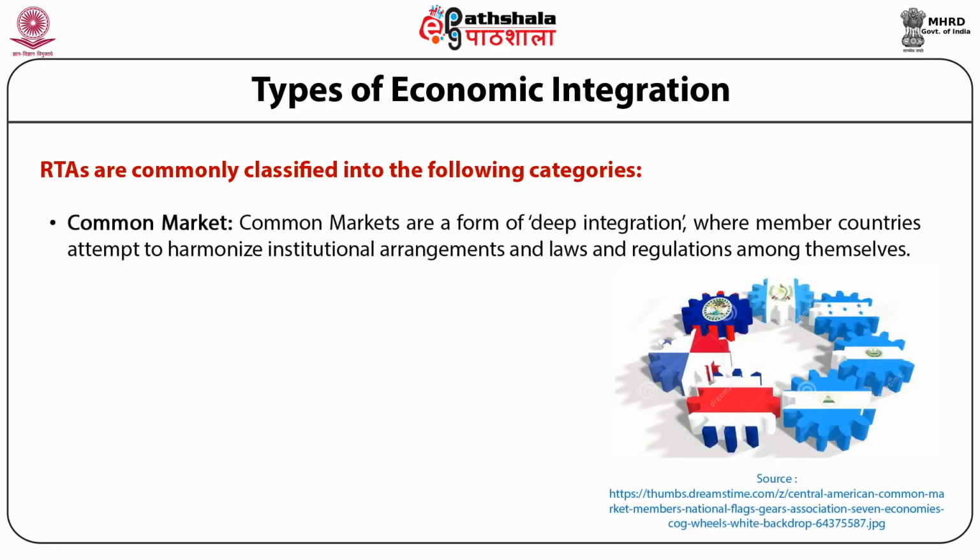Common market. Common markets are a form of deep integration where member countries attempt to harmonize institutional arrangements and laws and regulations among themselves. While all the features of a customs union are present under a common market system, the latter also provides for free movement of factors of production among the member countries in addition to the free flow of products.